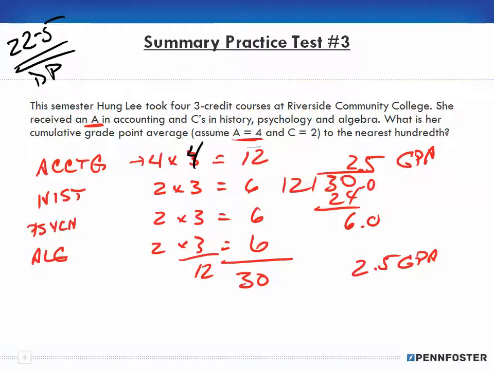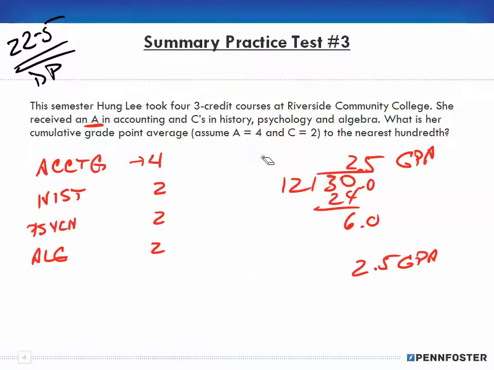So for this particular problem, I could have done it the long way, multiplying the points times the credit hours, adding them up to get 30, and dividing by the number of credits, 12, and getting 2.5. I would definitely have to do this if my credit hours were different. But if I have a bunch of subjects that are all exactly the same, in this case 3 credit hours, then I didn't have to do all of that multiplication math.